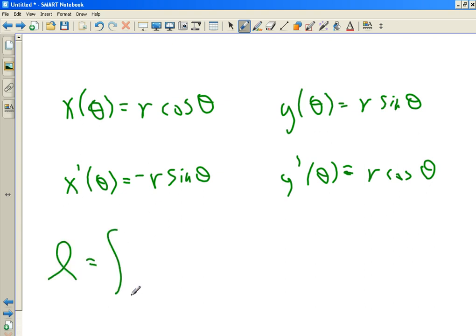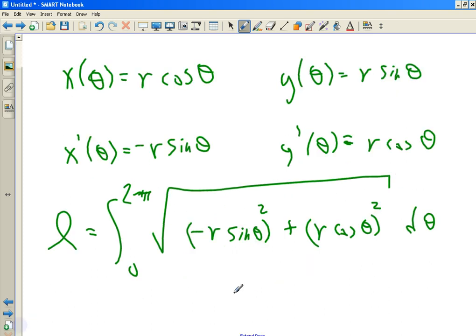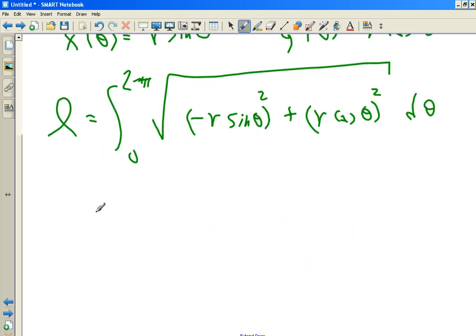The integral from 0 to 2 pi of the square root of negative r sine theta all squared, plus r cosine theta all squared, d theta. This is just like the parametric arc length we did in terms of t. It's in terms of theta. Big difference.